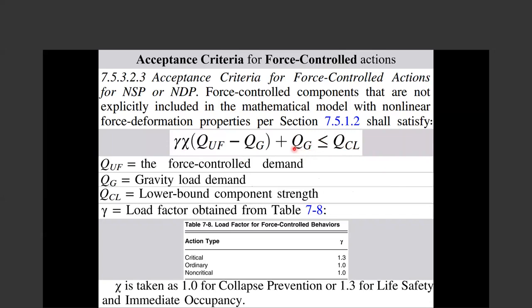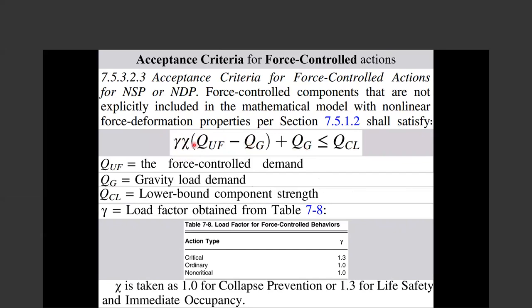They say that from the results that you get from putting both earthquake and gravity, you get the shear, for example, in this element. Remove the part that is due to just the gravity load, then to this part we need to apply a modification factor, because this modification factor shouldn't be applied to the gravity load.